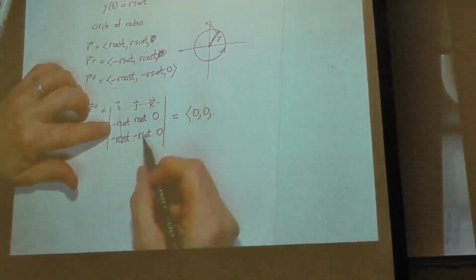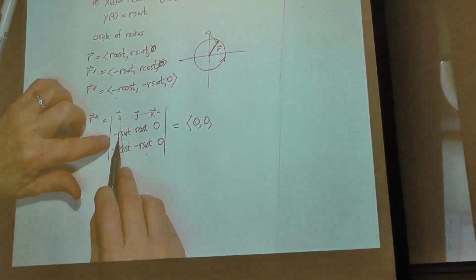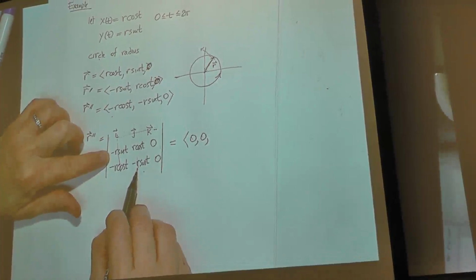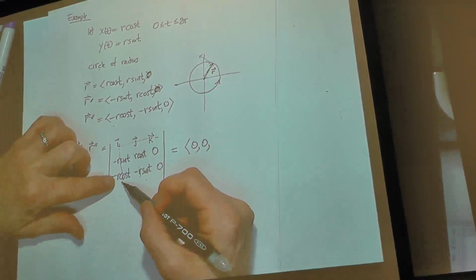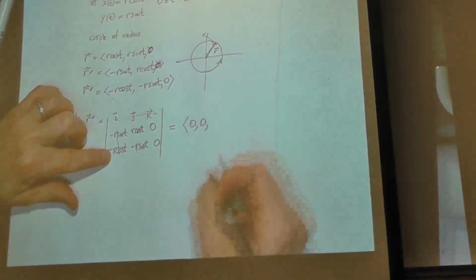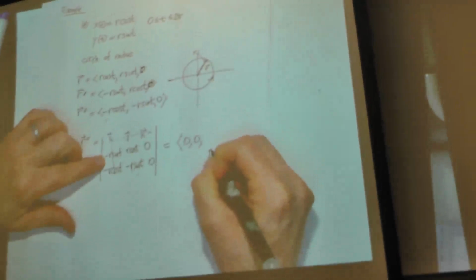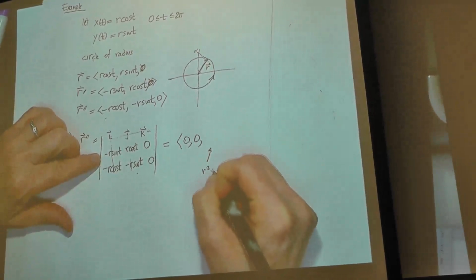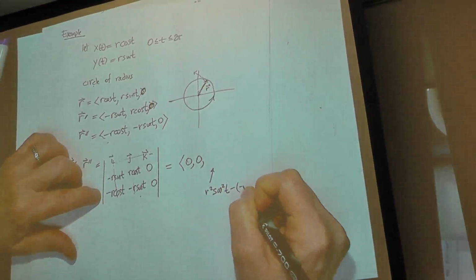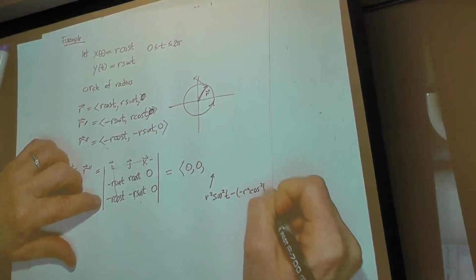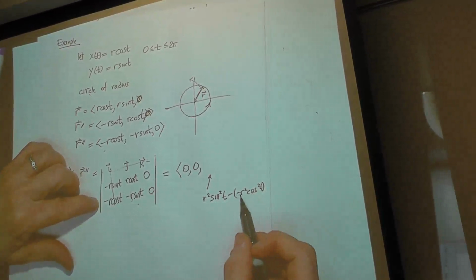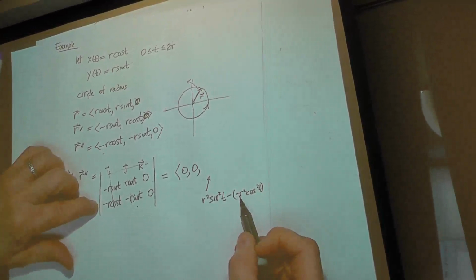The K component is going to give me r squared sine squared of t minus a minus r squared cosine squared of t, and the cosine squared plus sine squared is 1, so that is r squared.